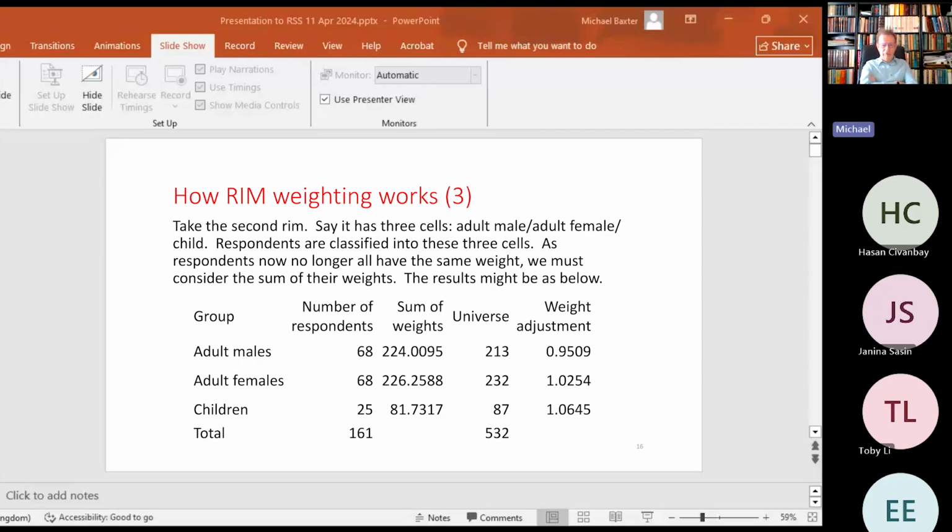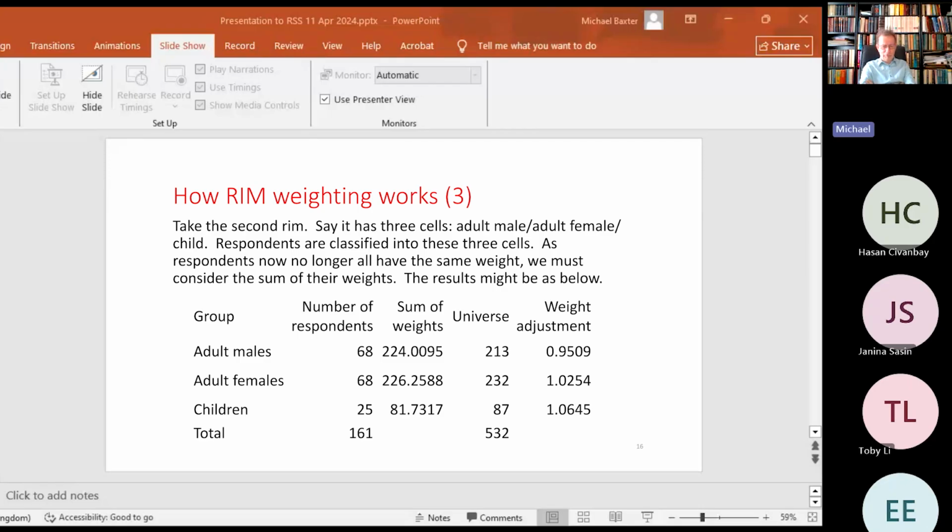Now you take the second rim and say it's got 3 cells: adult males, adult females, and children. Respondents are classified into these 3 cells. The respondents now no longer all have the same weight, because ones in different regions have different weights. So we'll take the sum of their weights, and the results might be like this.